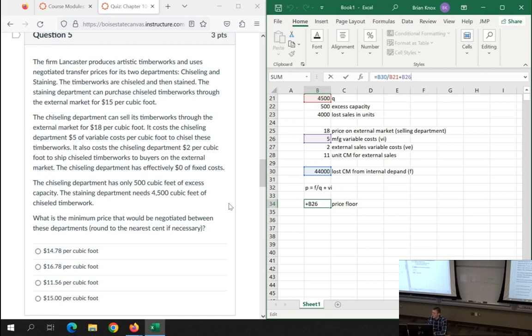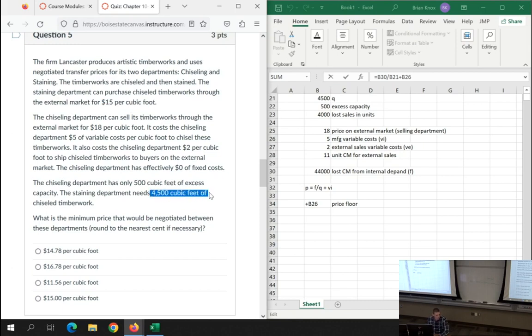Two things we need to know about them: we know how much they want, and then what they can get it for in the external market. We don't even need the price for this question. The only thing we need them for here is the demand that they have. In general, for transfer pricing, the things we need from the buying department are what their alternative price is and how many they want internally.